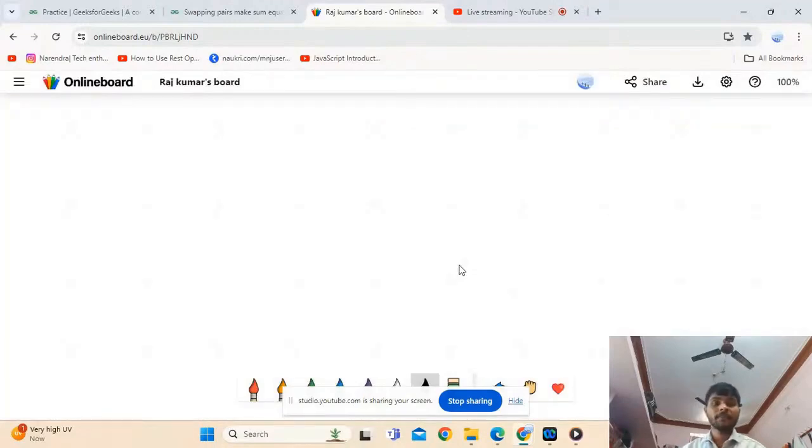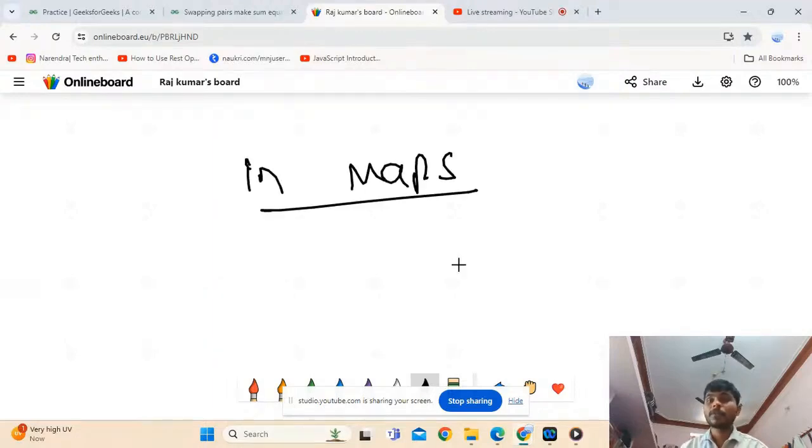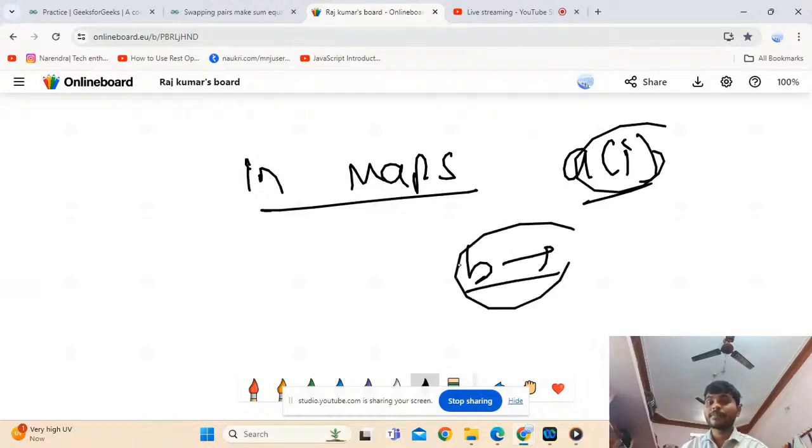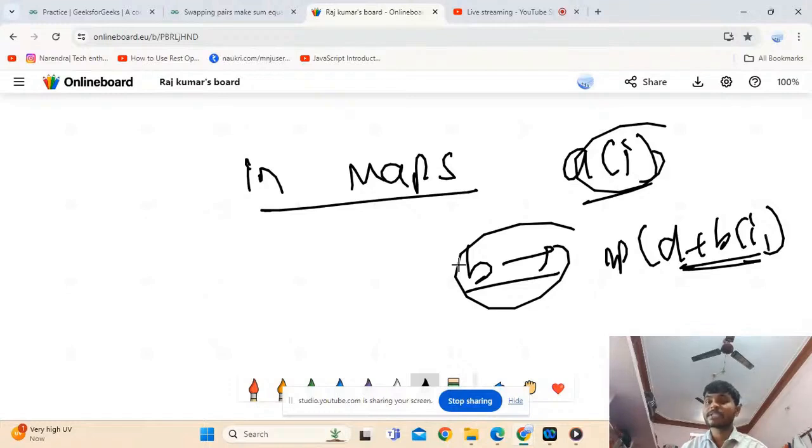Here in the map, only a of i elements are contained, right? What we are checking is, we are traversing through the b array, then checking if d plus b of i exists or not.